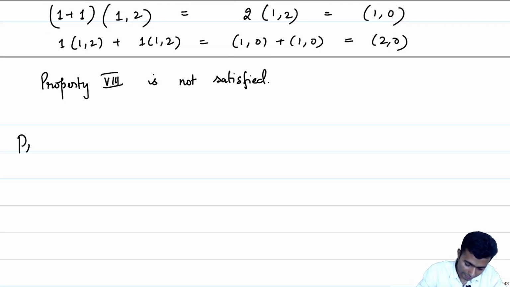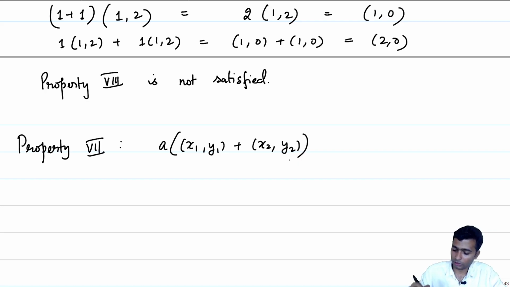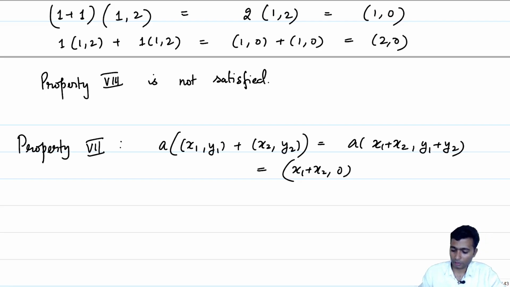Actually, let me not bother about property 7 now, but let me just write it. We need to check that a times (x1, y1) plus (x2, y2) is equal to a times (x1 plus x2, y1 plus y2), which is equal to (x1 plus x2, 0).